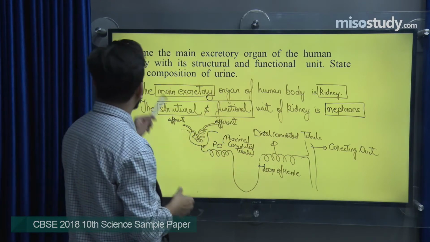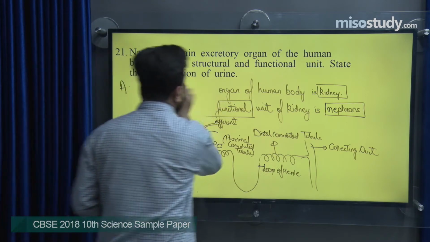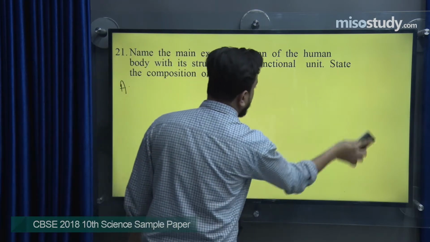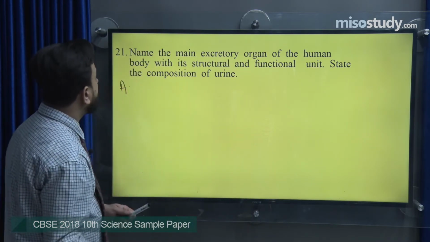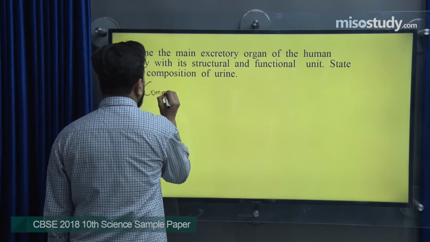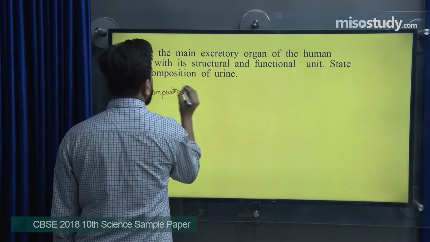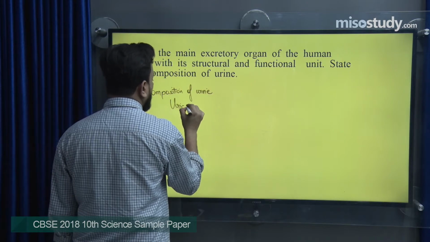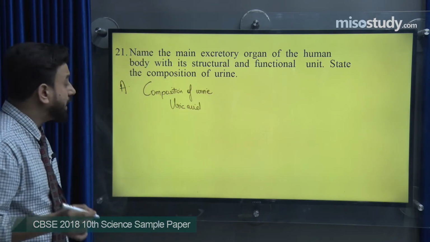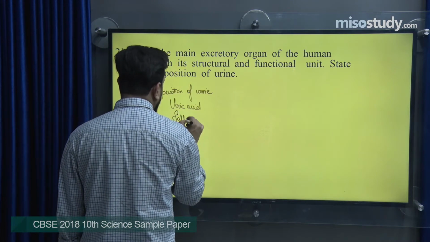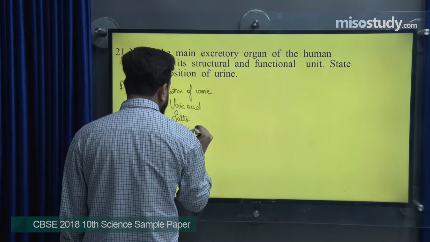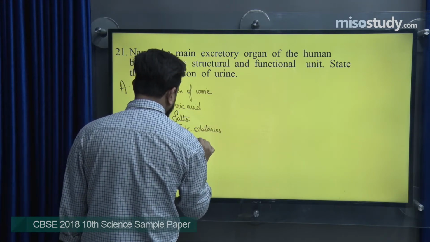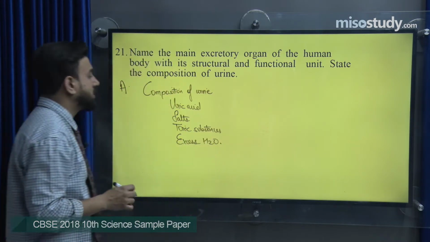Got it, friends? Now the composition of urine is the third part of the question. So in the composition of urine, we can say uric acid, then some of the salts, then toxic substances, and excess water, right?